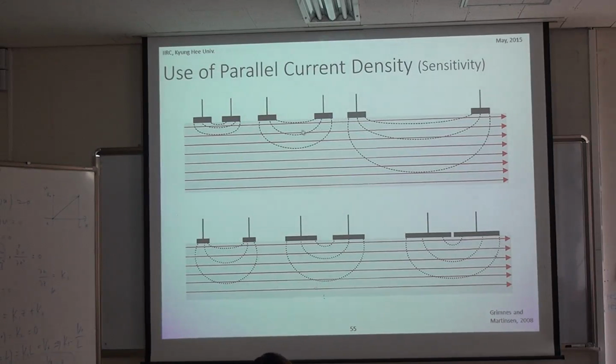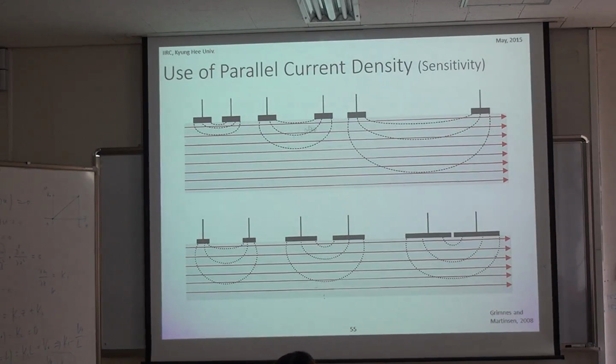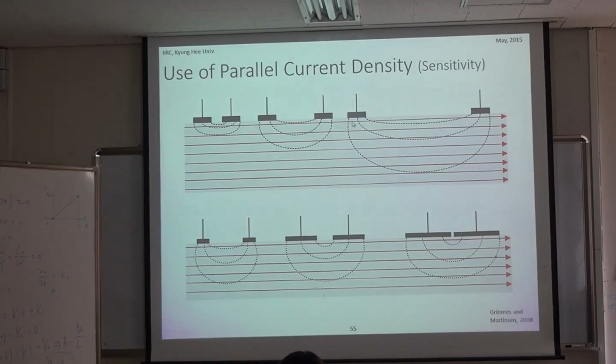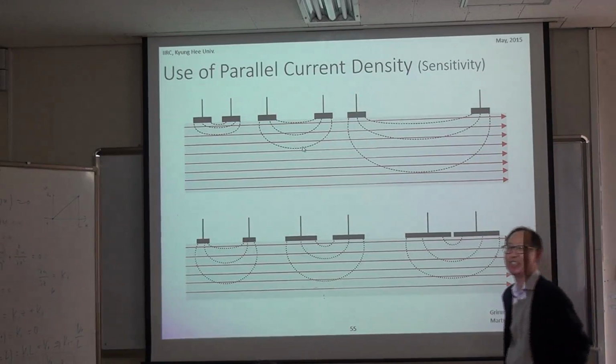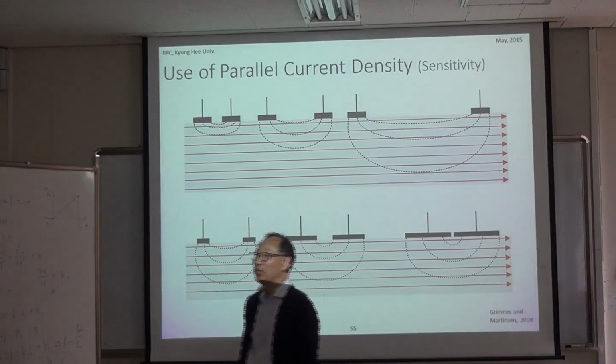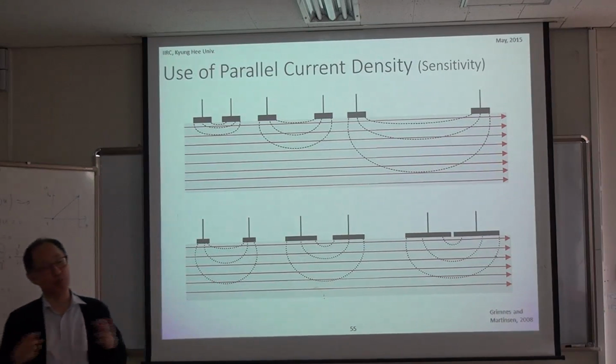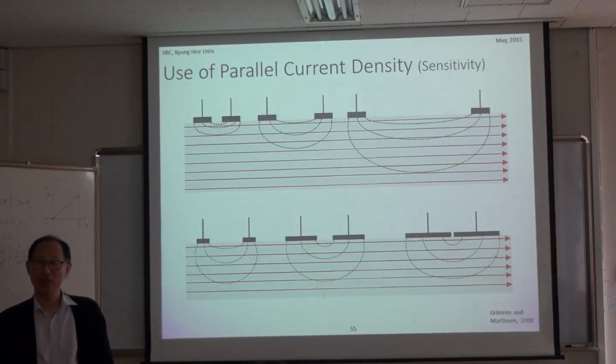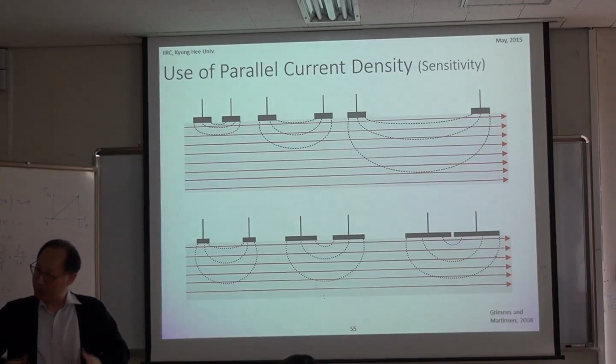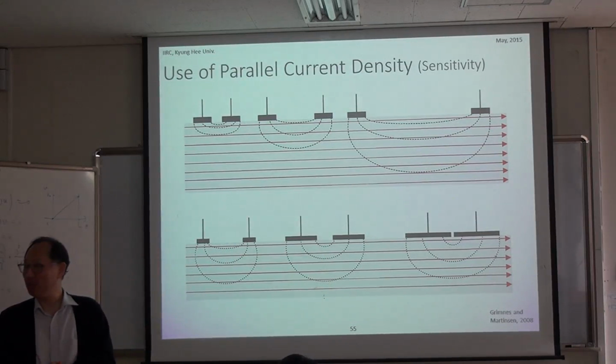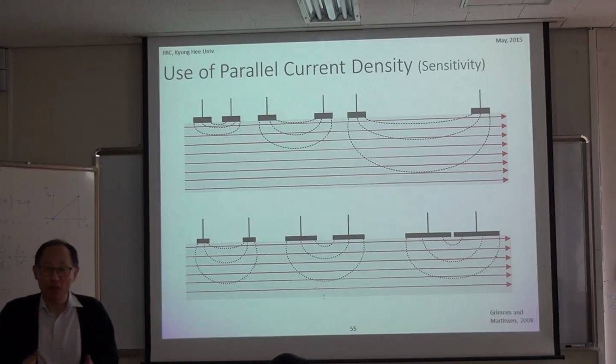But as we move away from this part, the amplitude of the current density flowing in this direction is going to be very small here. So by controlling the distance between electrodes, you can change the depth of your view, how deep you can see. Okay?